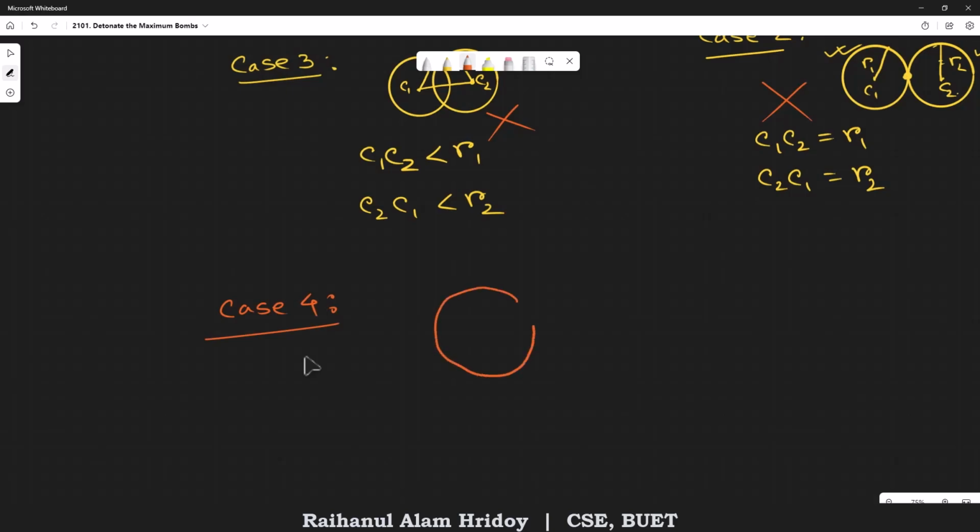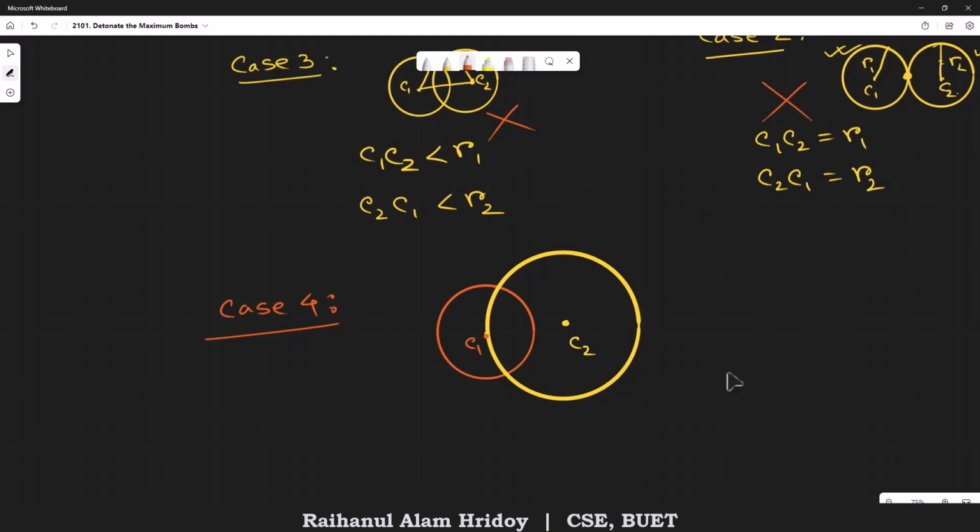There's a circle like that, and there's another circle which goes to the center. This is the center, which is C2, and this is the center of the first circle, which is C1.